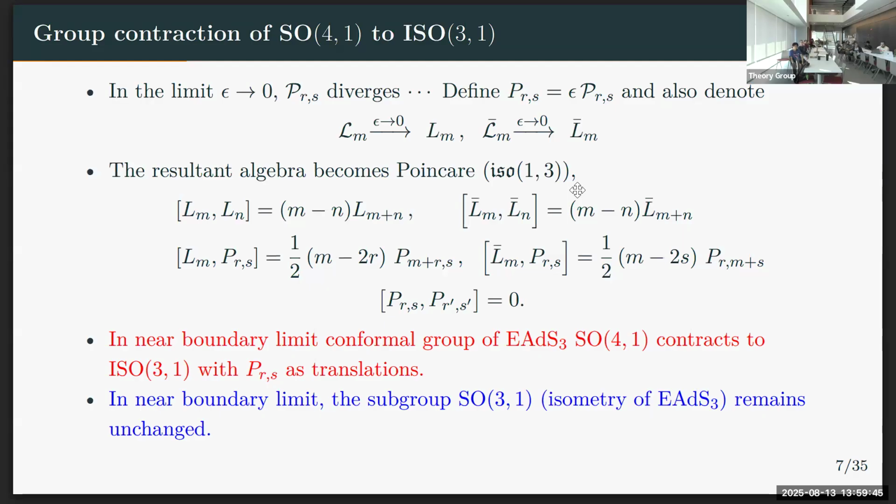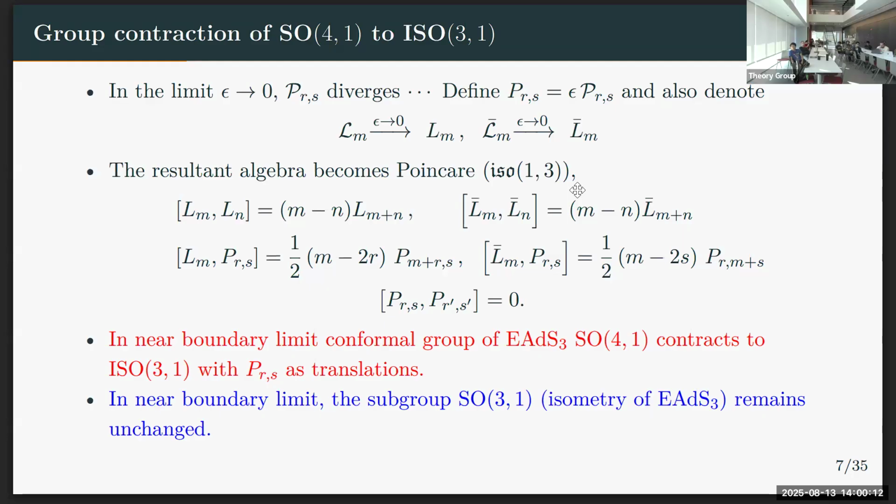And P_RS again acts like a vector under these L and L bar. But now, earlier the commutator of curly P_RS was non-zero and closed to curly L and curly L bar, but now it becomes 0. So this is exactly your Poincaré algebra, where P_RS acts as translations and they commute with each other.